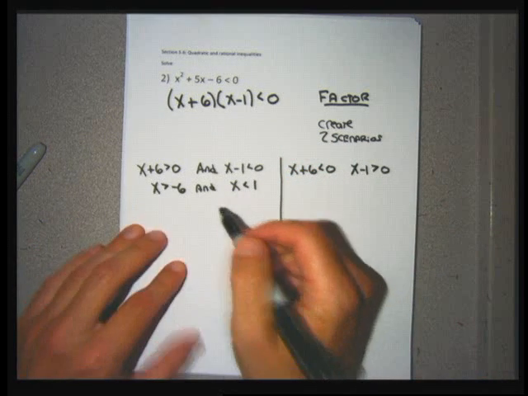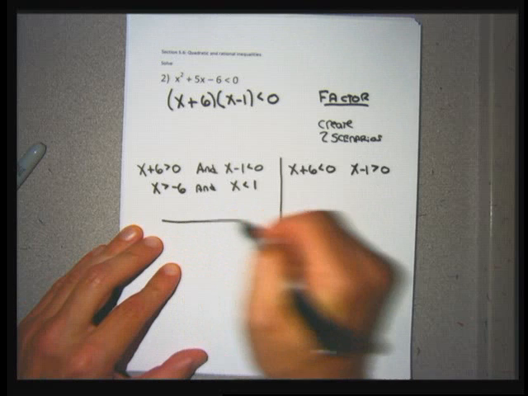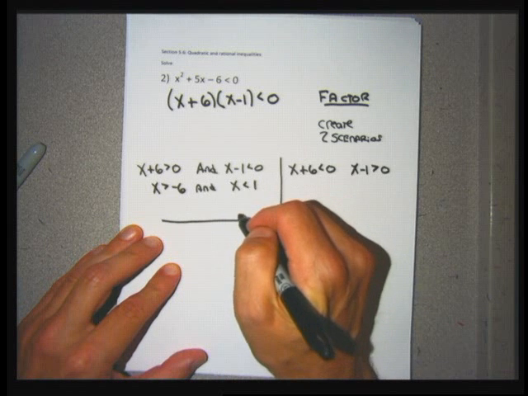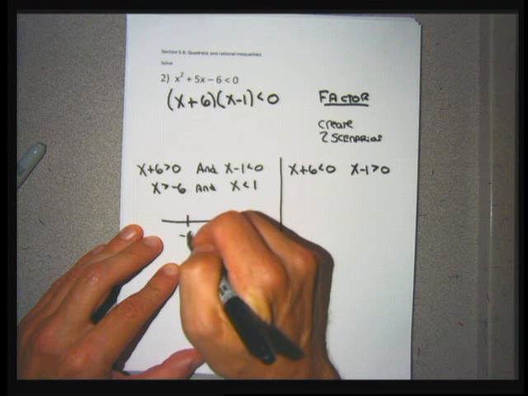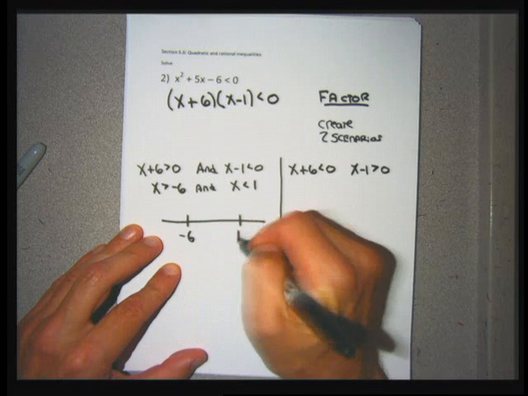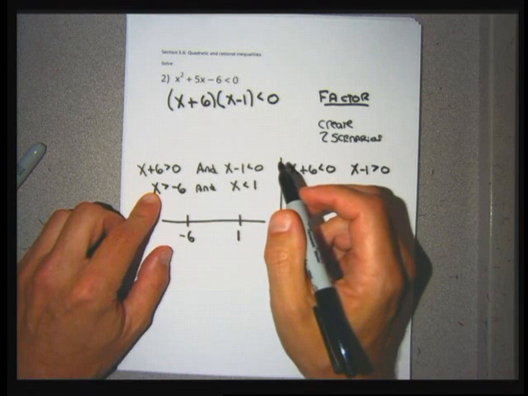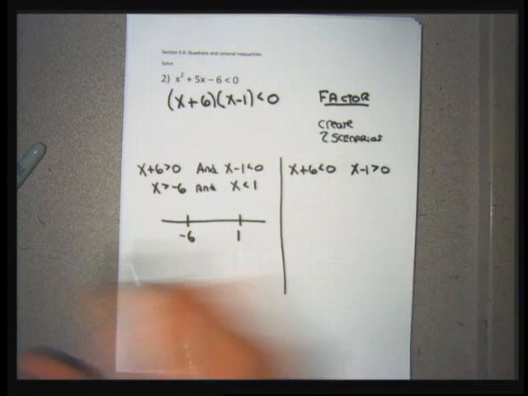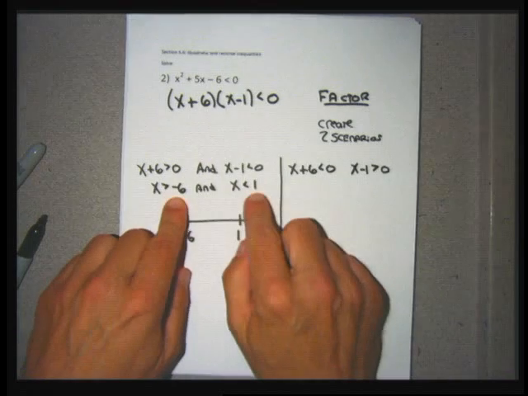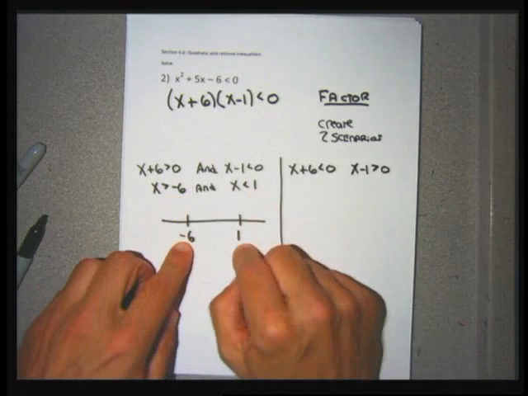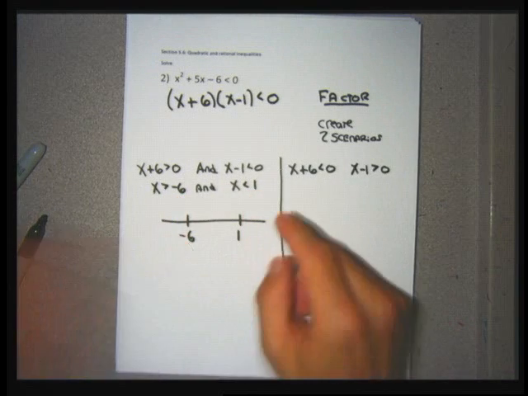To figure out the solution to this, I need to find where numbers are both greater than negative 6 and less than 1. To do this, I create a number line, put the numbers of interest on my number line, which are negative 6 and 1. I'm going to graph each inequality.